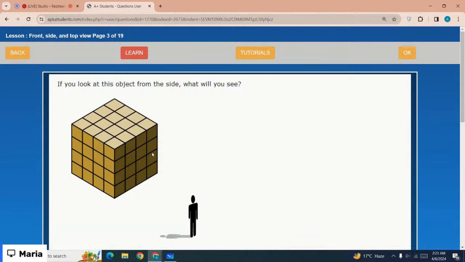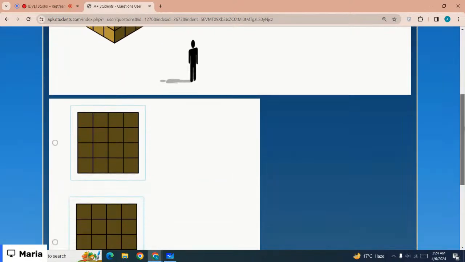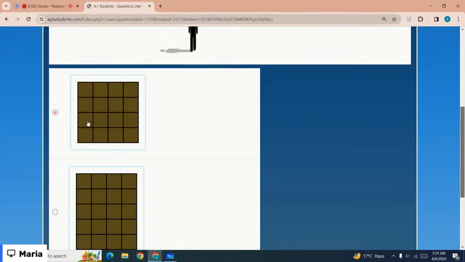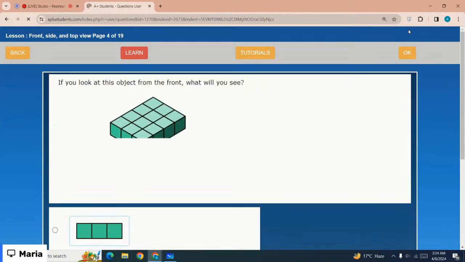Yes, you are standing here, so you can see this side. 1, 2, 3, 4, 1, 2, 3, 4. You can see option number one is the correct option, right? You can count the rows and columns, right? Okay, if you look at this object from the side, what will you see?